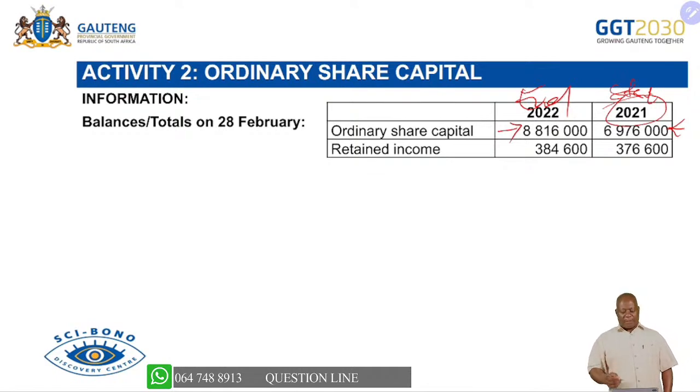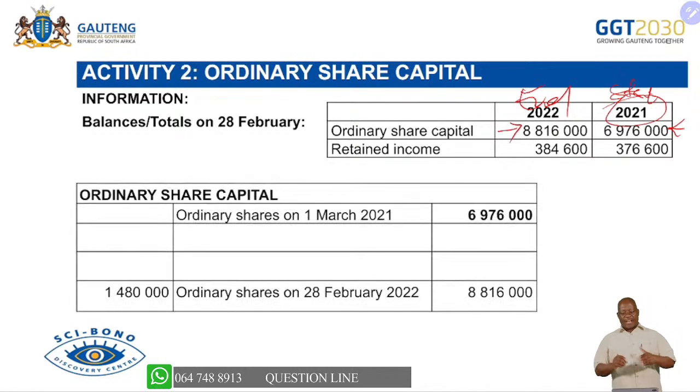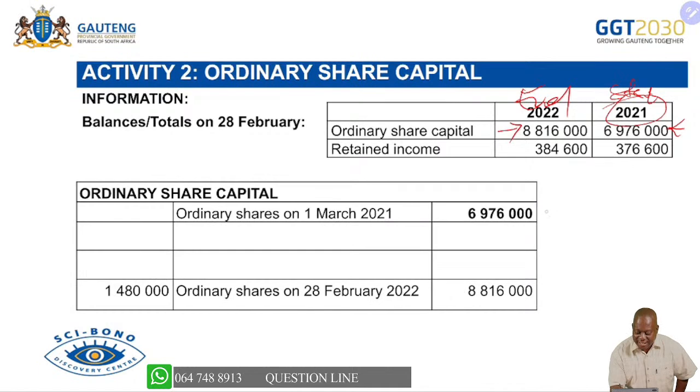Now, remember the format of the ordinary share capital. Now, this is the start. And can you see where the figure is coming from? I'm not going to repeat this one. Straightforward. And this is the end of the year. Can you see where the figure is coming from? Straightforward. Now, on the answer sheet, we are also given something very nice. They're saying to raise this 8,816,000, we issued 1,480,000 shares.